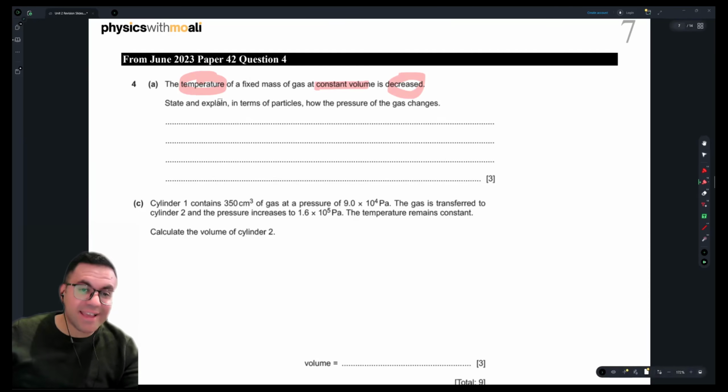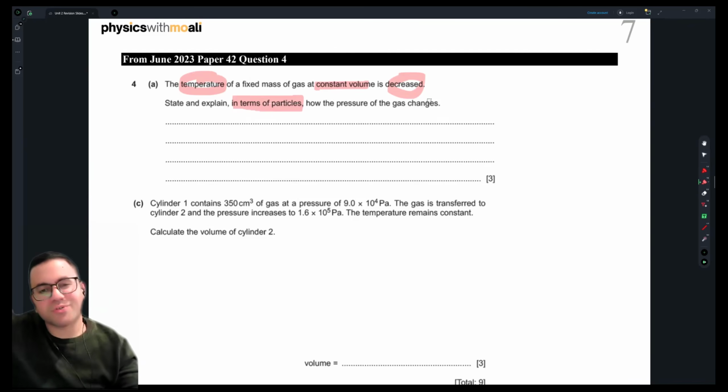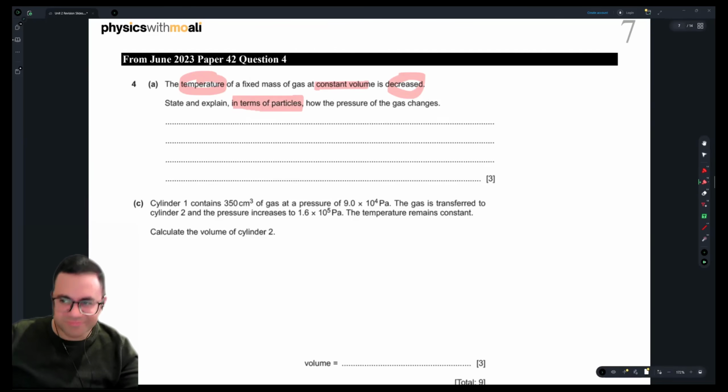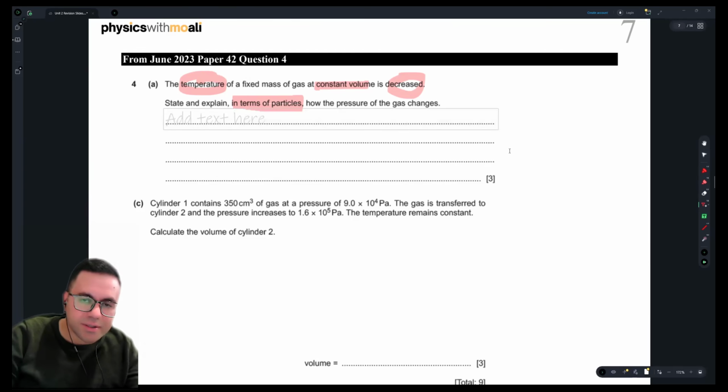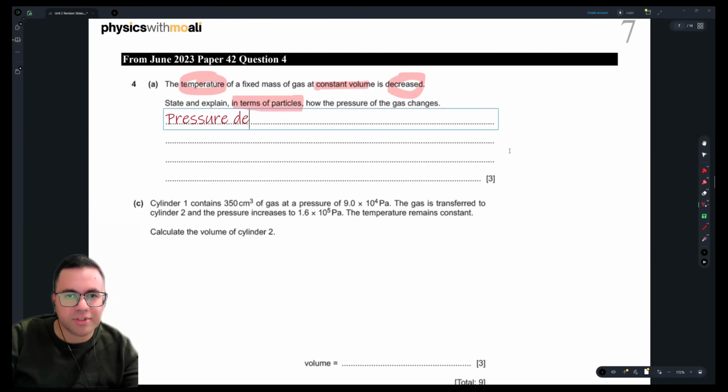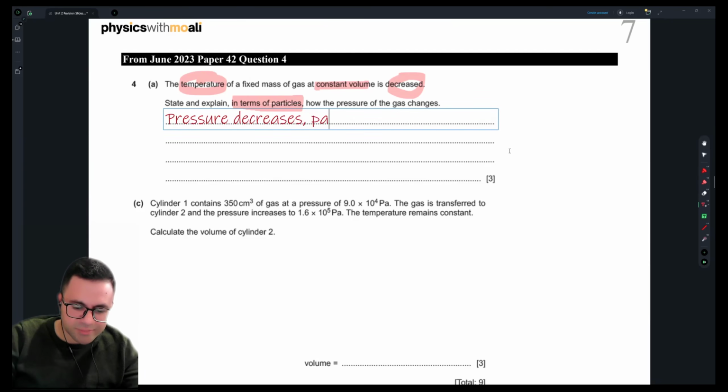So, state and explain in terms of particles. Look at how he's phrasing the question. If you just said state how the pressure changes, you'd say pressure decreases. But it says state and explain in terms of particles how the pressure changes. Keep that in mind. So let's go. The pressure decreases. Why? Because he used particles, so I'm using particles.